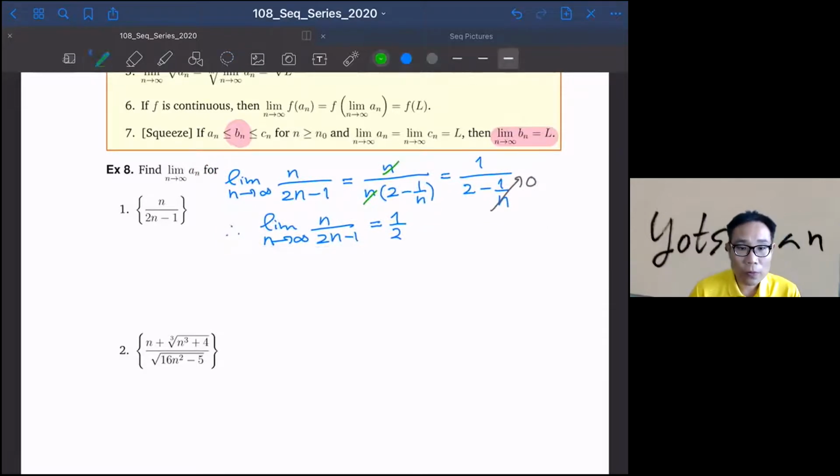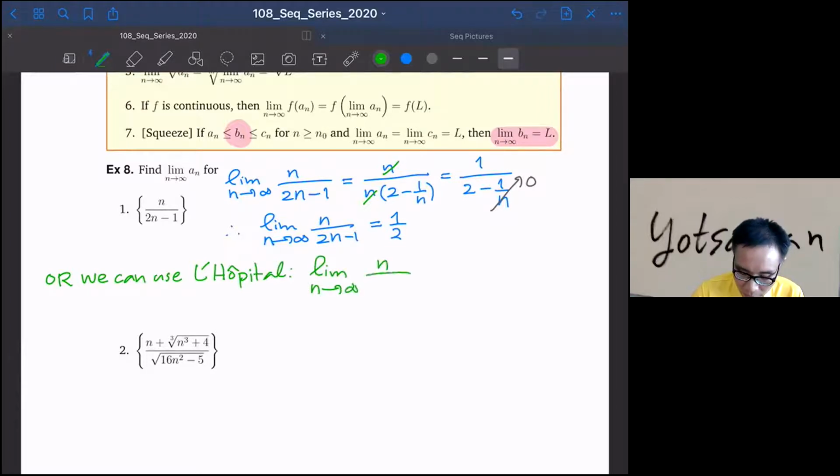For the second one, let me also mention that you can use L'Hopital. So this one will be the limit as n goes to infinity of n over 2n minus 1. If you like to use L'Hopital, you differentiate the top and the bottom.